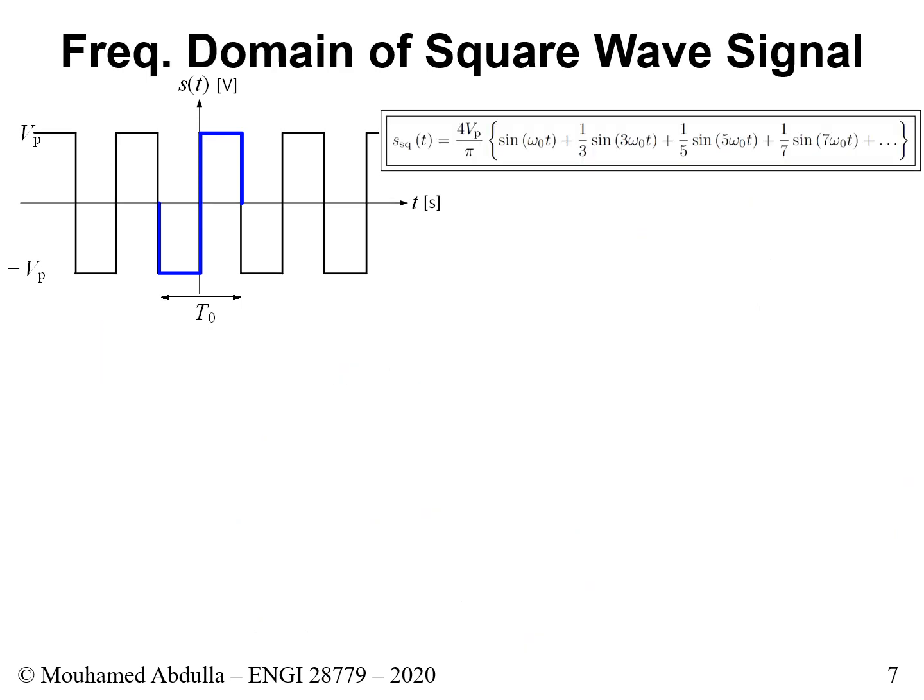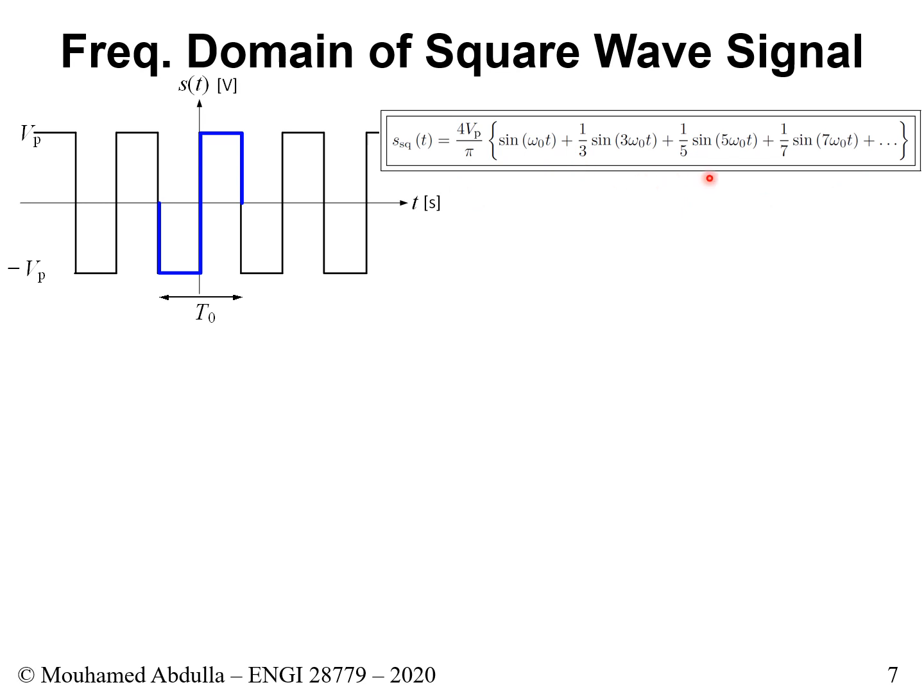Okay, so now we went through a somewhat lengthy analysis of a square waveform signal, and we were able to represent the signal in time domain based on a Fourier series. Essentially, we took the signal and broke it down into an infinite series or a finite series, depending on when we decide to stop.